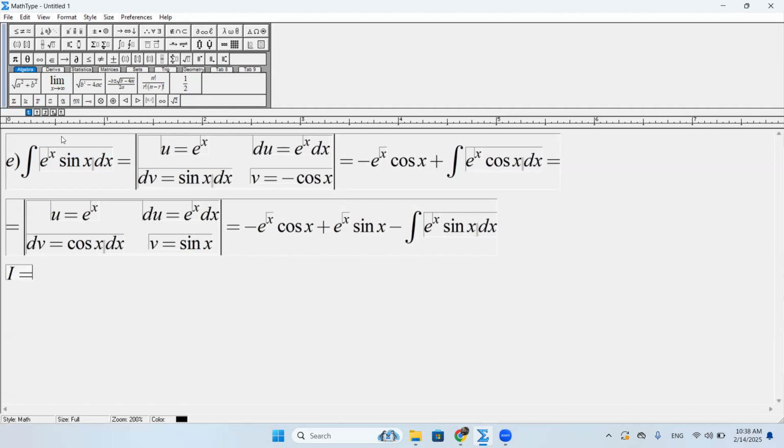Mark this integral as I, just for our convenience. And what we have, I equals this expression minus I. So we just have to solve this equation with respect to this integral.